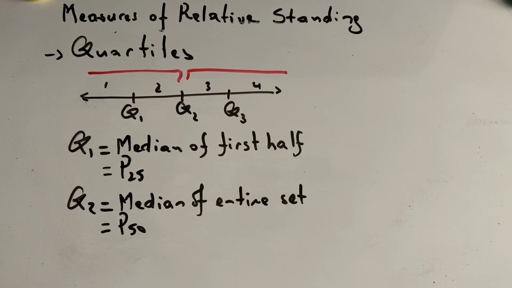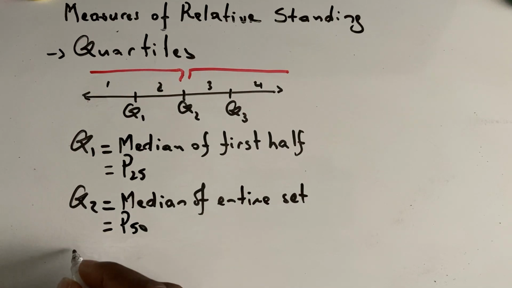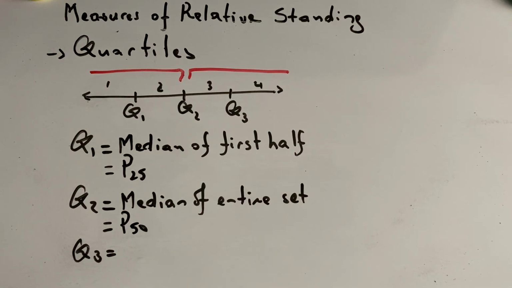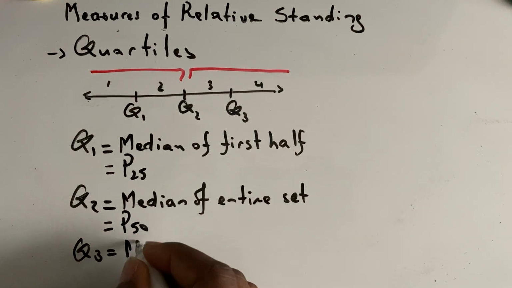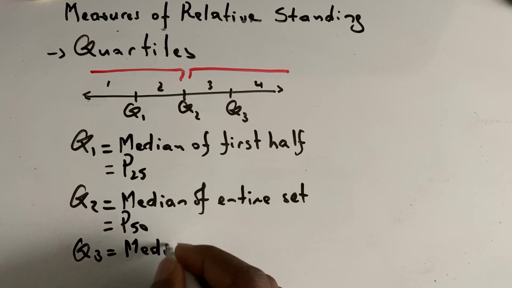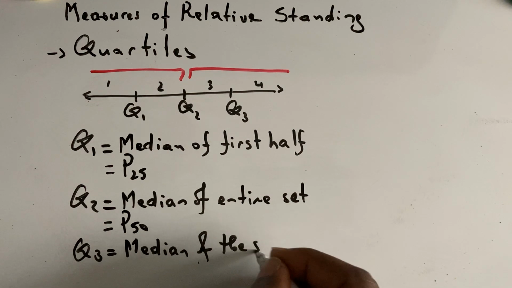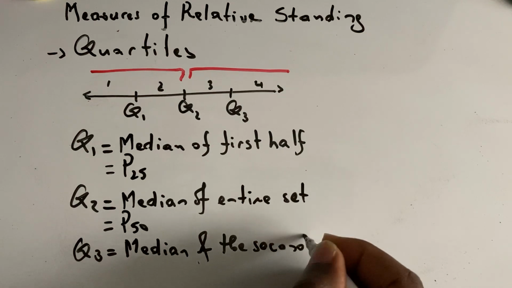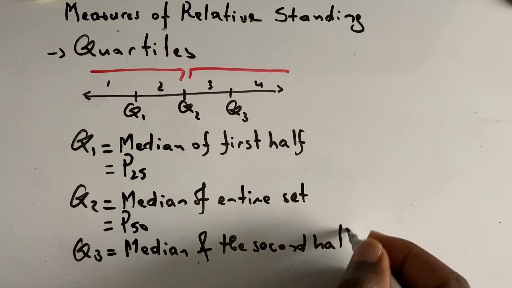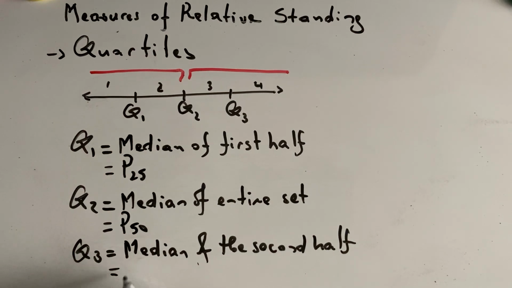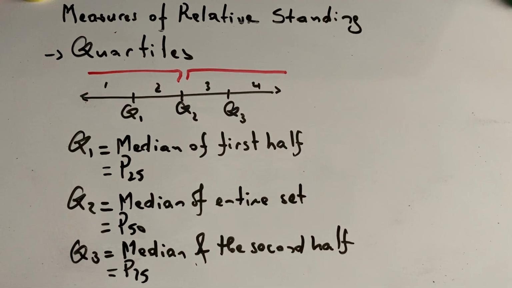How about Q3? Now you already see where I'm going, right? Q3 would then be the median of the second half. Or if you don't want to say the median of the second half, you can actually calculate P75.